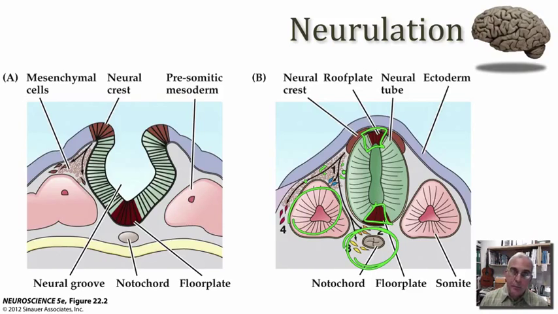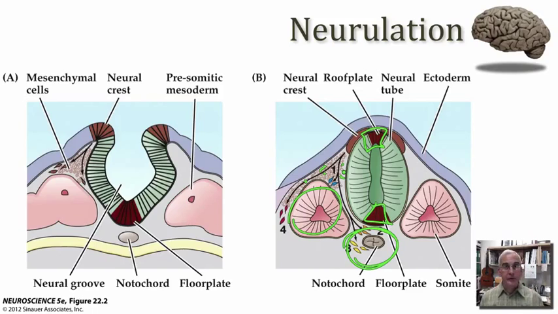So the precise timing of the expression of these inductive signals becomes crucial for the proper formation of the developing brain. So what we will see is that in order to form the nervous system correctly, these inductive signals need to be turned on and turned off in a very precise pattern in both space within the embryo, but also in terms of developmental time.